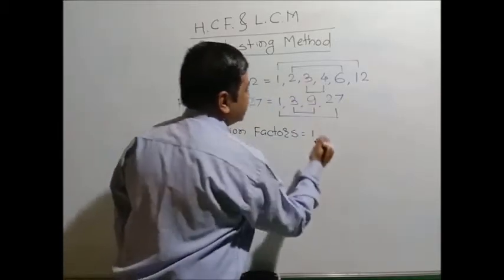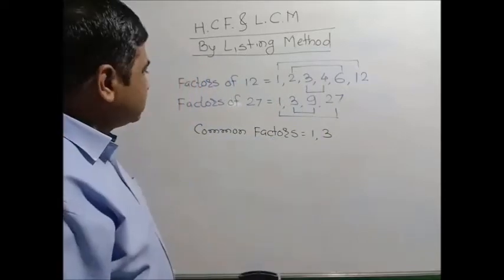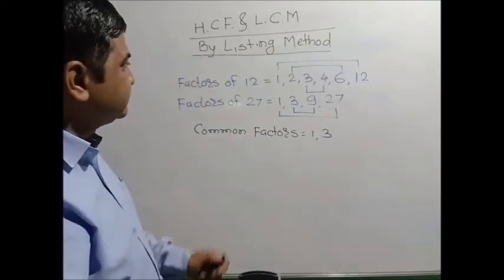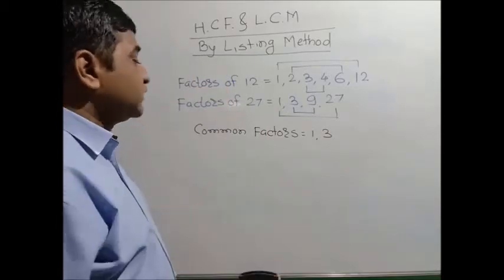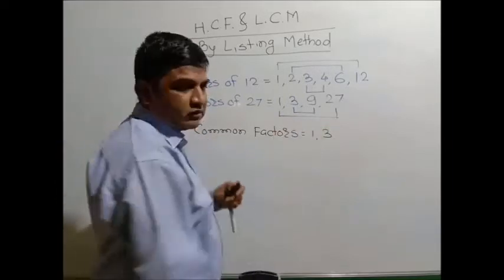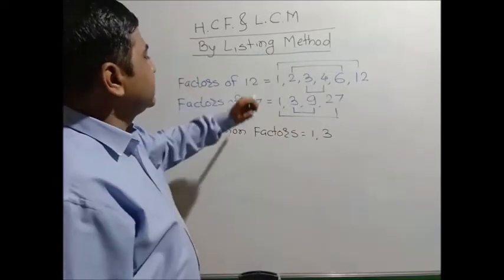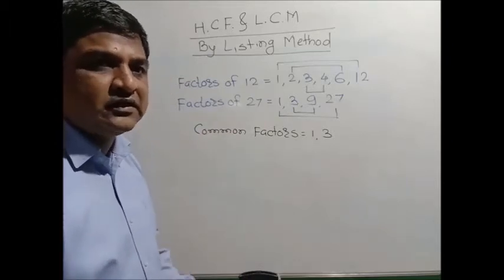Then we are having 3. Are we having any other common factor or common divisor for 12 and 27? No. Now what is the highest factor in these common factors which can divide both 12 and 27 exactly without leaving any remainder?